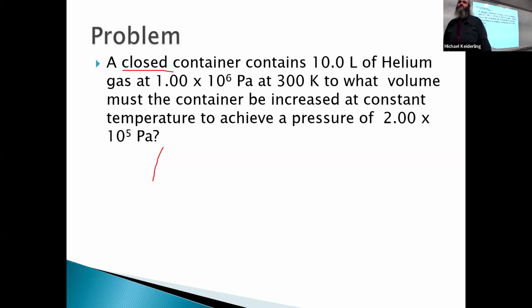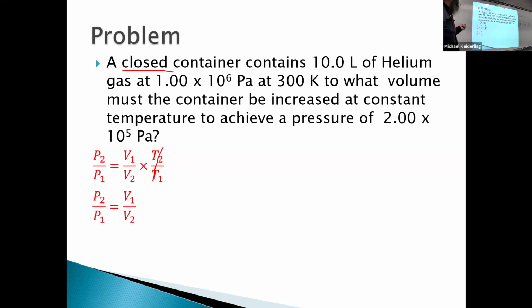So here we have a starting pressure, a starting volume, and we have a final pressure, and we're trying to find the final volume. Again, the only things varying are pressure and volume. So once again, P2 over P1 equals V1 over V2.